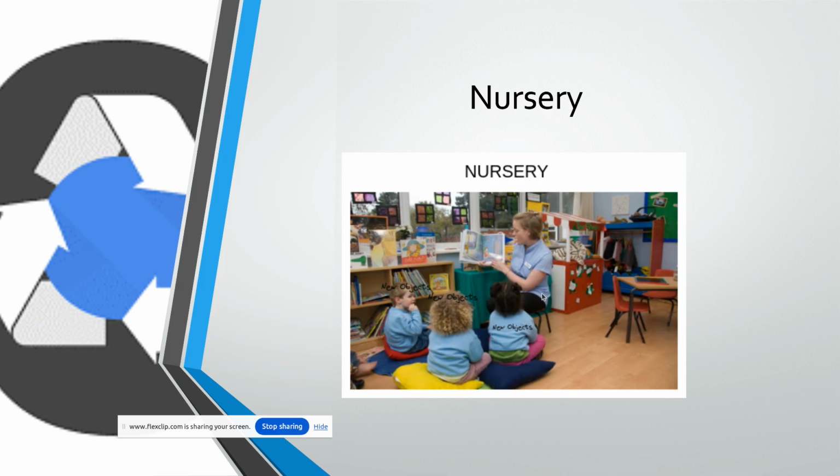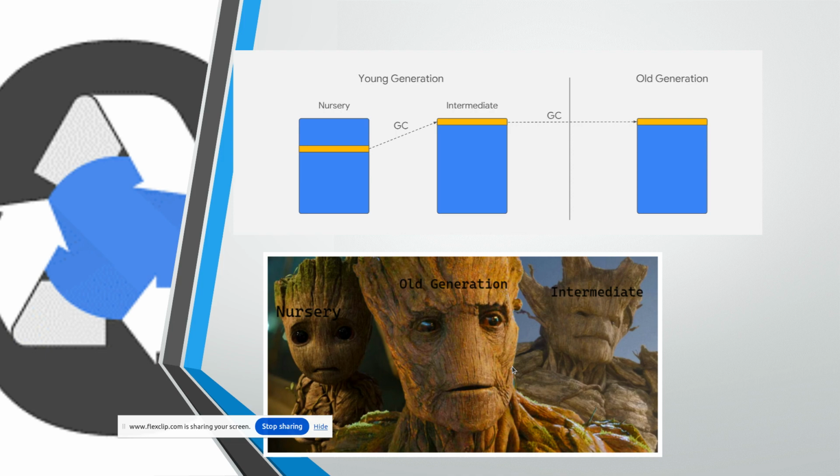I mean, the meaning of nursery is kind of this one, right? So these babies are new objects. Intermediate is when you survive from the GC, so the age is called intermediate. If it is alive after one more GC, it's gonna be called the old generation.